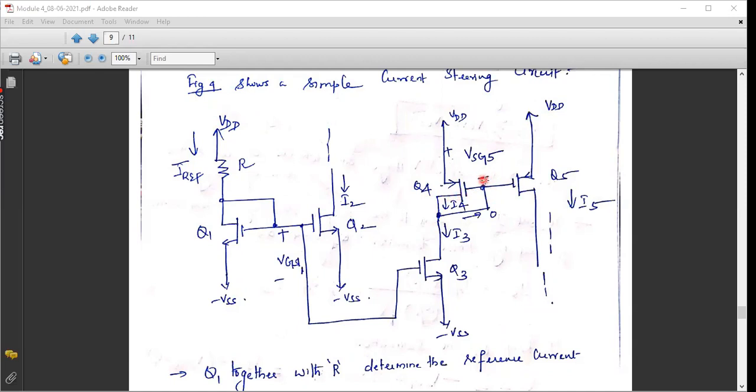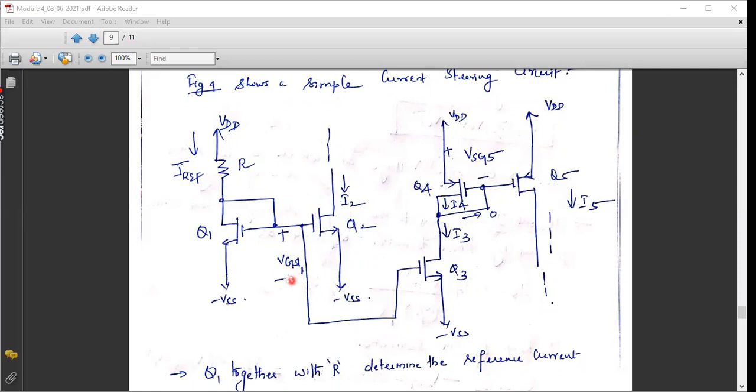So here I will put a negative symbol, whereas at the source I will put a positive symbol, which means that the source is at a higher potential than the gate. So I can represent this voltage as VSG. And I will also show a subscript 5 because this is connected with Q5 transistor, which is considered as an output transistor, and I5 as the output current. Therefore, I will designate this voltage as VSG5, whereas here it is VGS1.